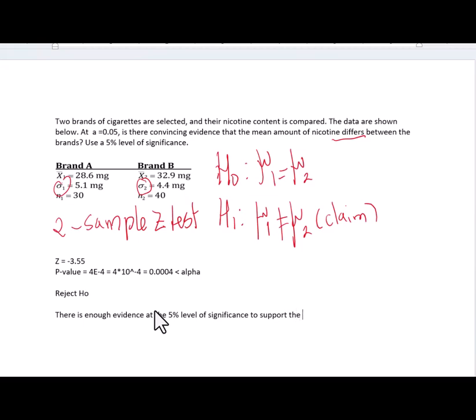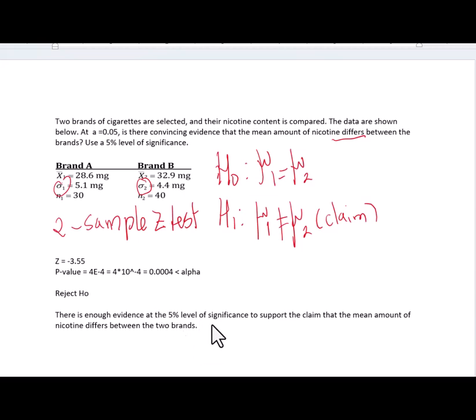Yes, to support the claim that the mean amount of nicotine differs between the two brands. You do it, that's exactly what you need to do.